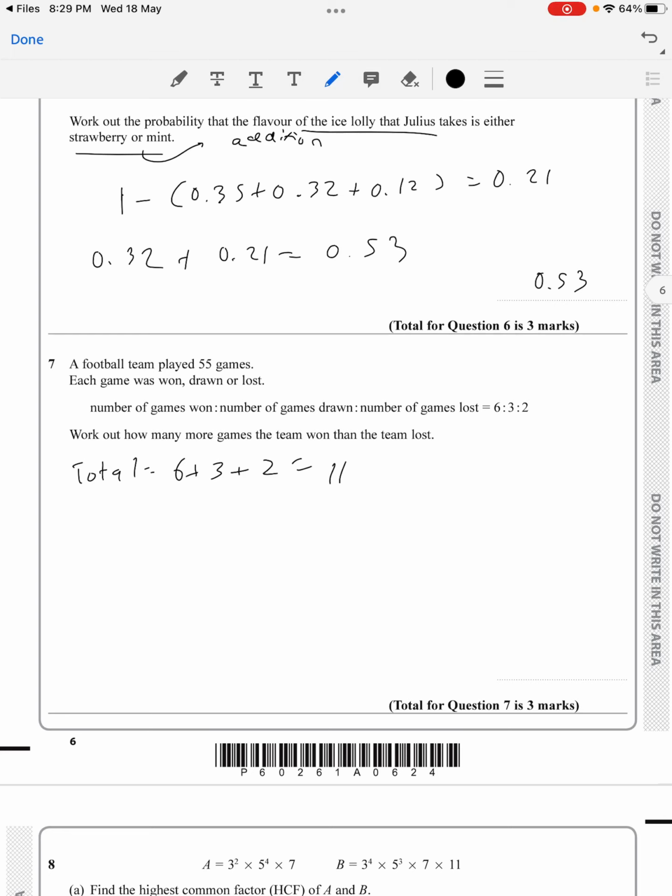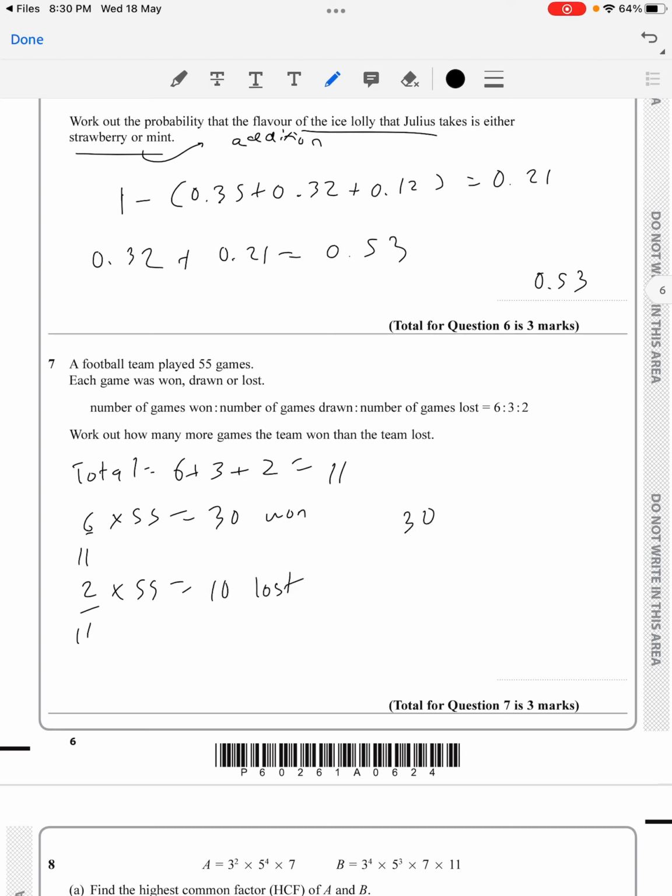So since they played 55 games, you have to work out how many more games the team won than lost. So you have to find the number of games that the team has won. So 6 by 11 parts times the total games played, 55. There are 30 games that are won. And the games that are lost is 2 by 11 times the total games, 55. This is a ratio question, so your ratio skills should be strong.